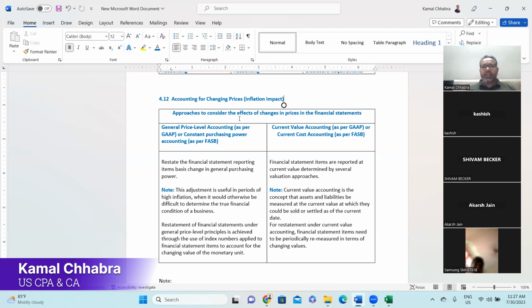That counts as current value accounting. Whereas general price level is the other one. Replacement cost, you can also call it that. Yes, replacement cost, yes. So the current value accounting is more focused on replacement prices, whereas general price level accounting is more focused on purchase price index impact.